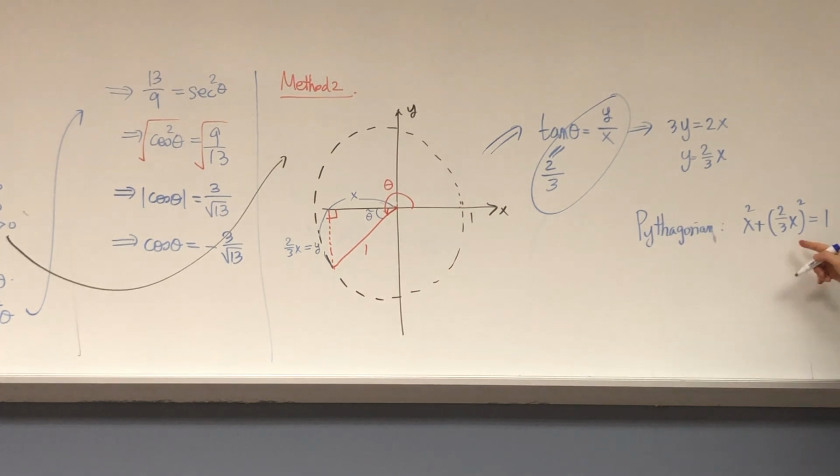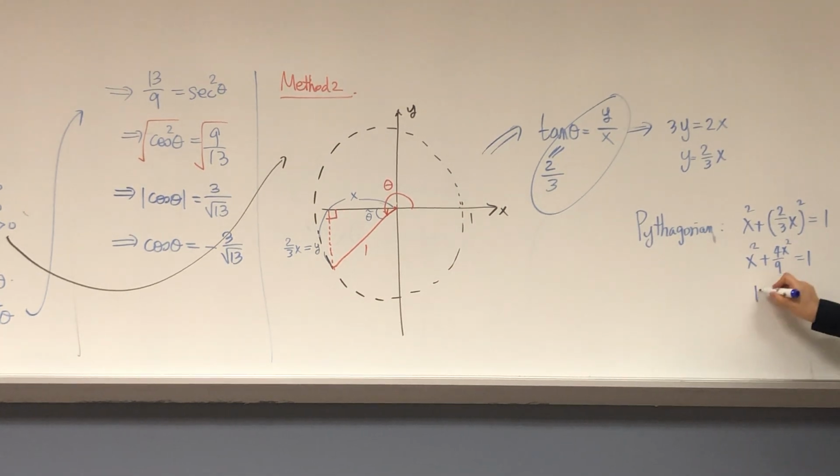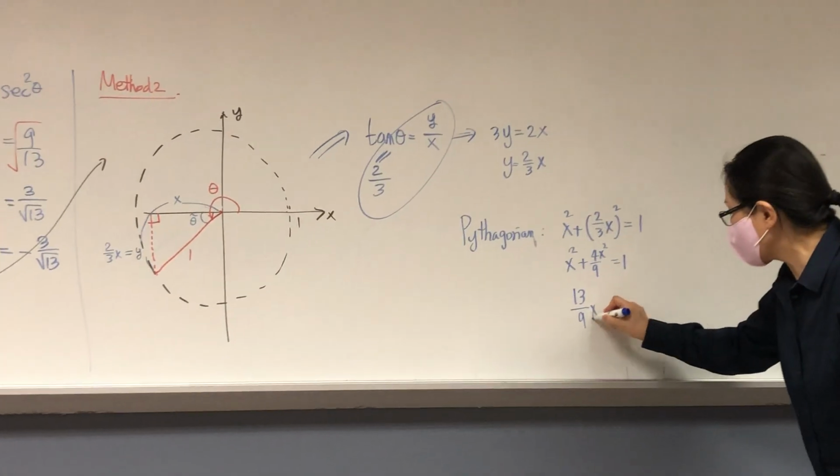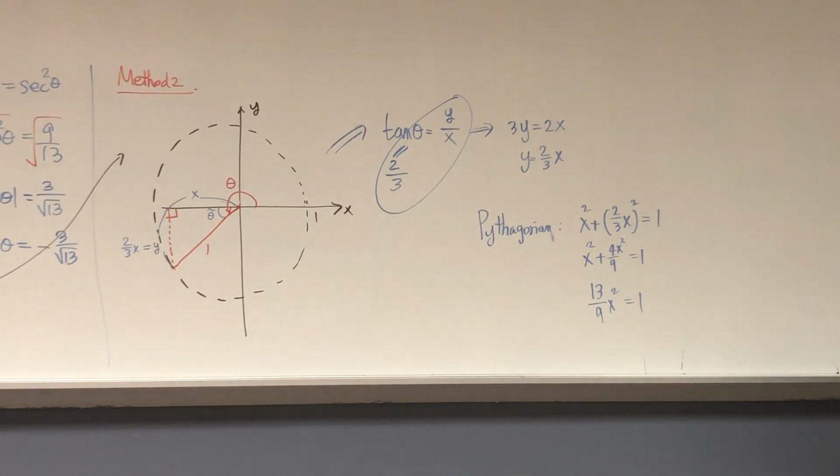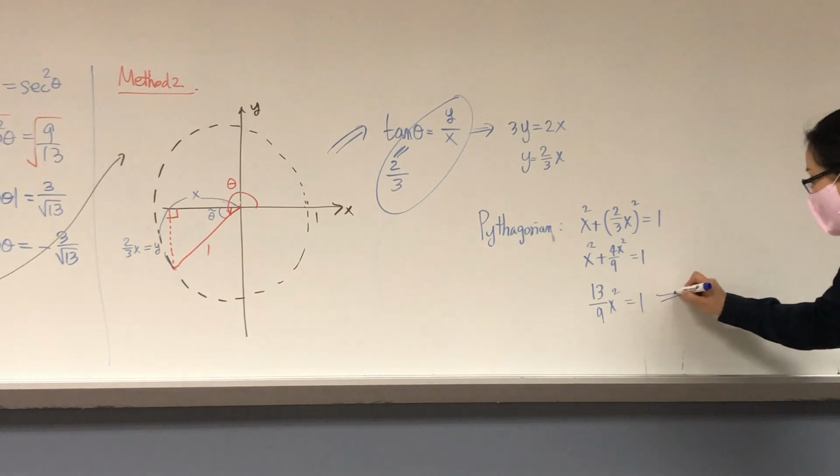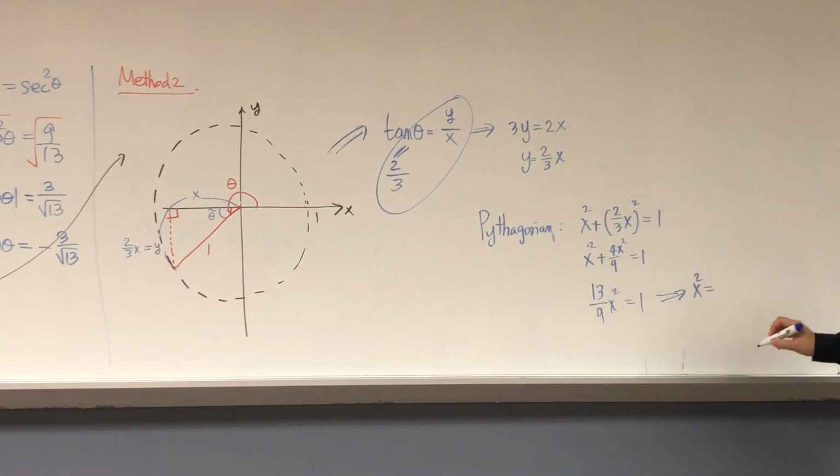So, compute this. x squared plus what? 4x squared over 9 equal to 1. Am I right? So here, this one plus this one is what? 13 over 9 x squared equal to 1. Am I right? So here x squared equal to 9 over 13.